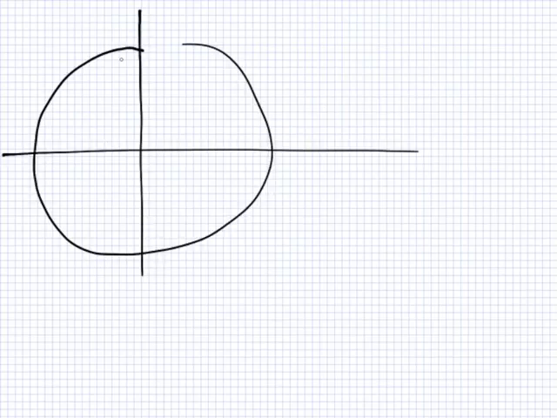Right, so what I'll do first, for the proof, I'll draw a circle of radius 1. So from here to here is 1, and from here to here is 1. Then I'll draw two right angle triangles.